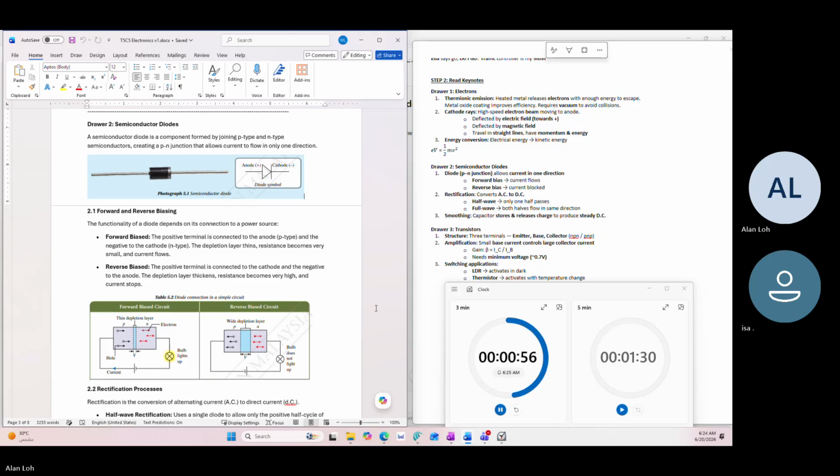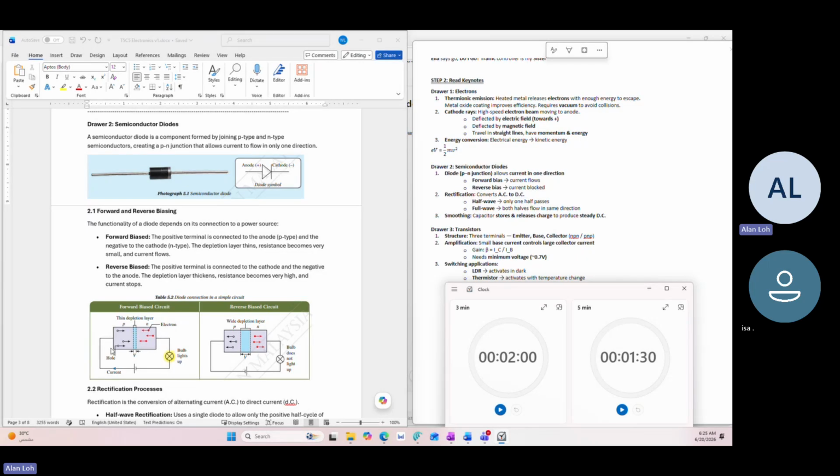Okay, you should be reading the diagram now. Okay, let me do some quick explanation in case you need it.